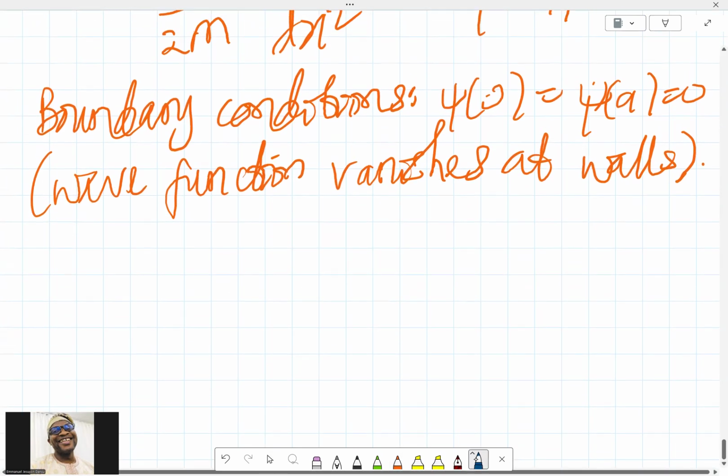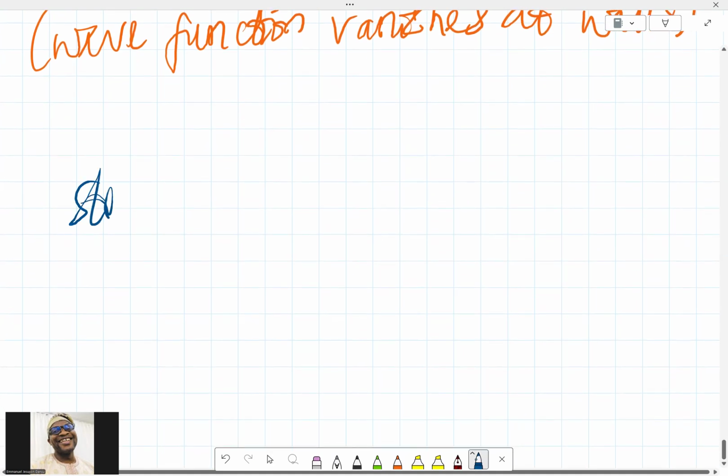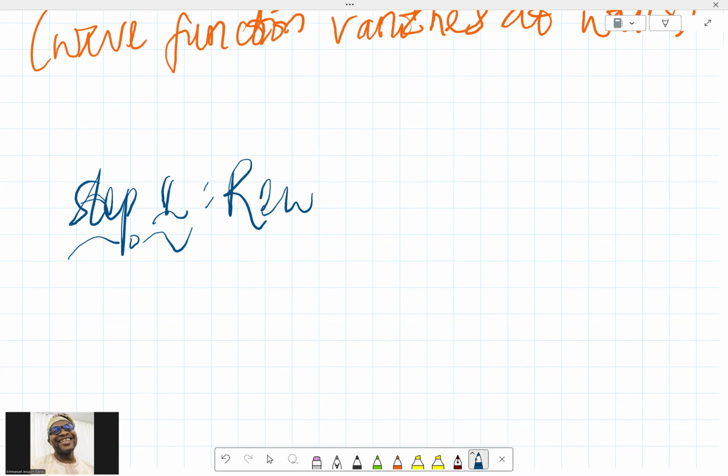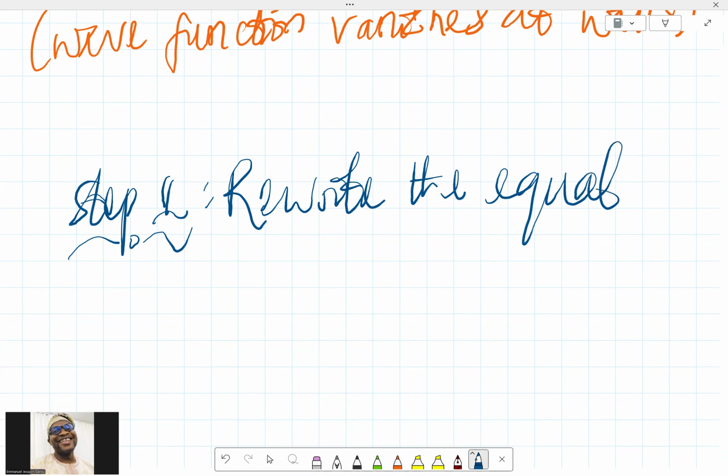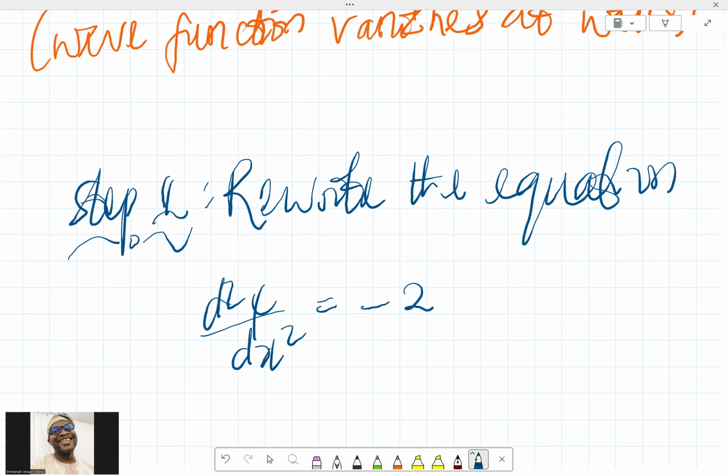Anywhere you have the wall, all the boundaries, the wave function does not exist. So let's go for step 1. We can rewrite the equation. We have d squared psi dx squared equals minus 2m E over h bar squared psi. You are just moving everything beside this second order derivative to the right hand side: multiplying by 2m, dividing by h bar squared, and you have a psi there already.